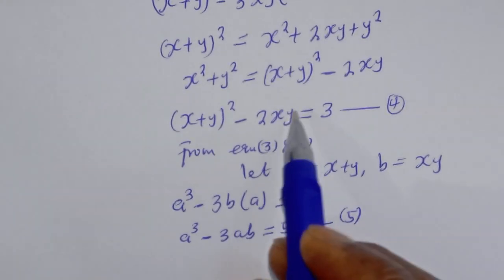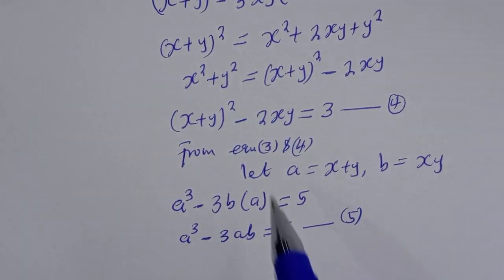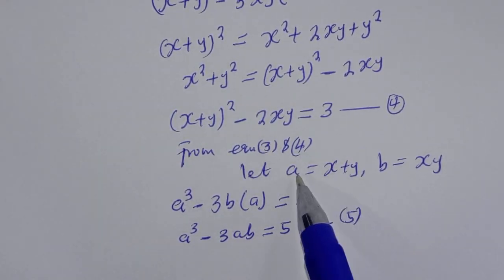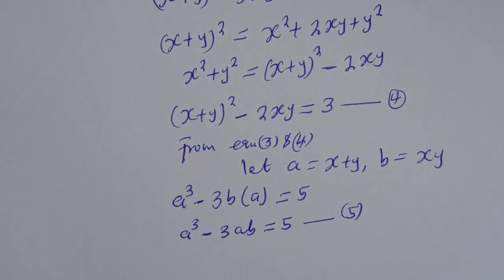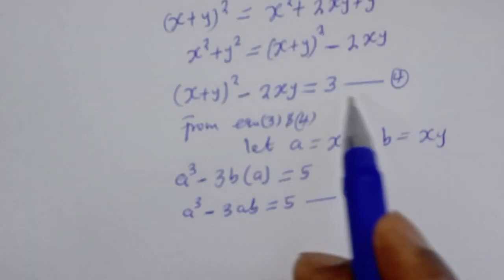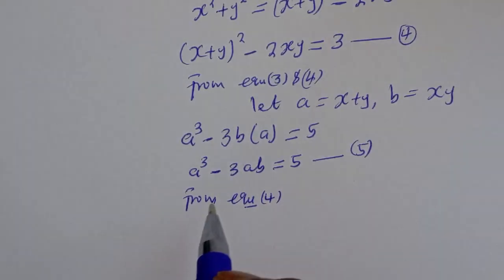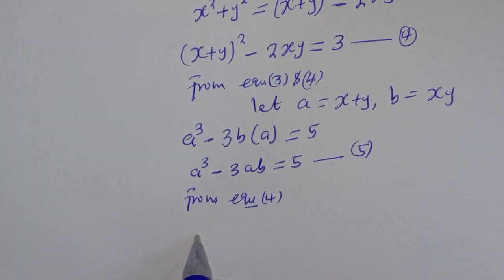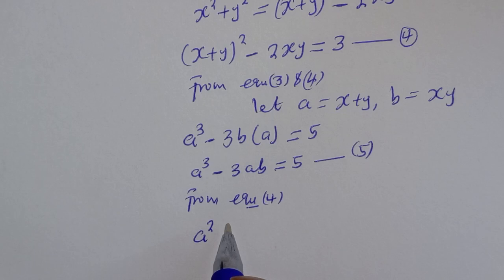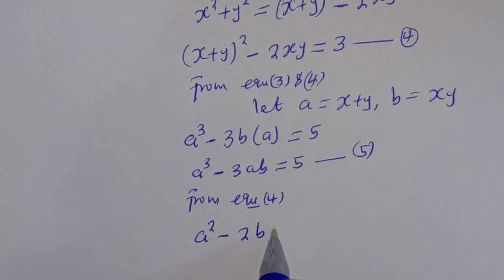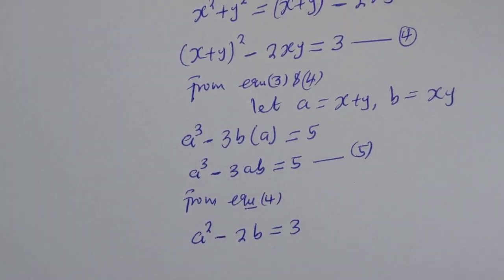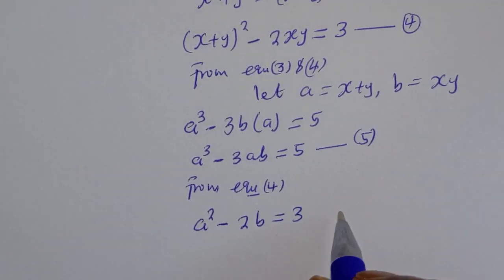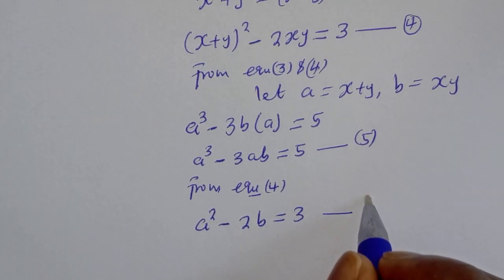Also from equation 4 now, anywhere you see x plus y, you put A there. Then anywhere you see xy, you put B there. So this equation 4 now becomes A square minus 2B is equal to 3. So let's call this equation 6.